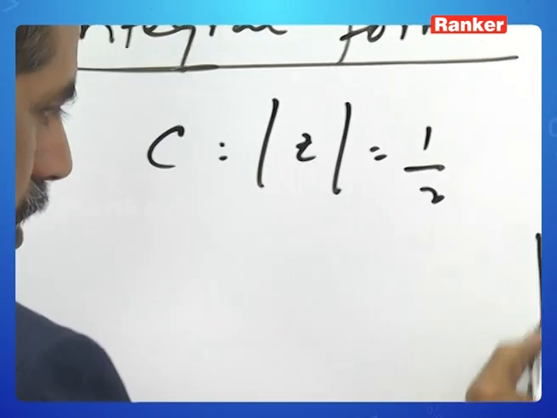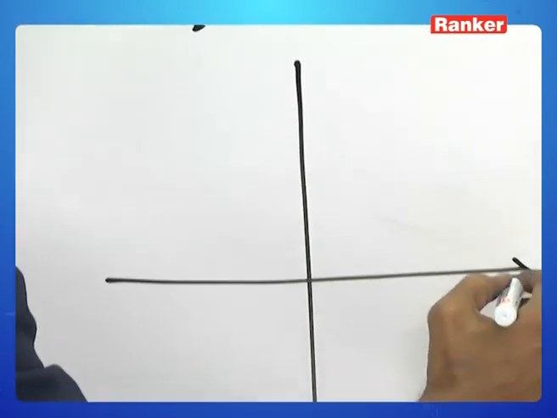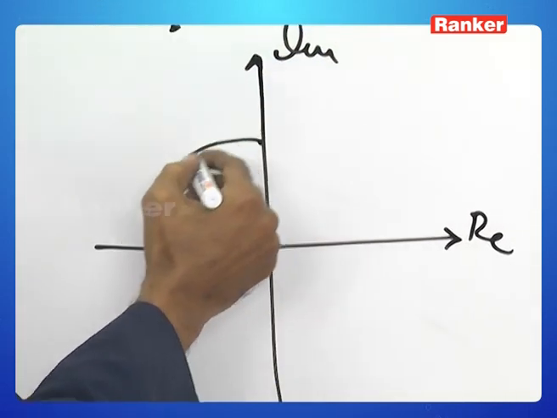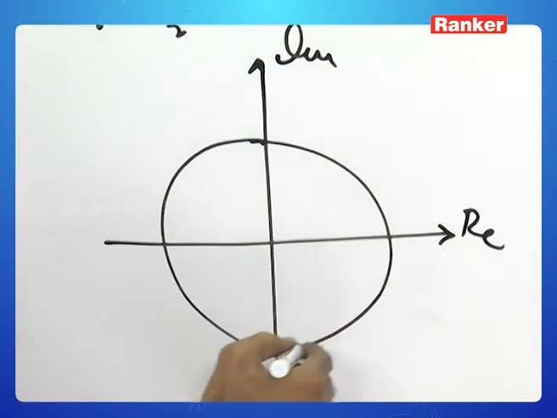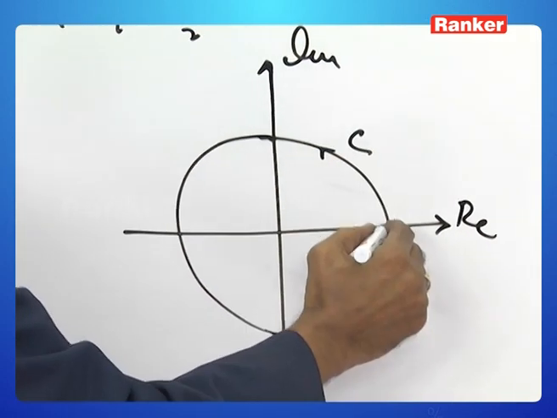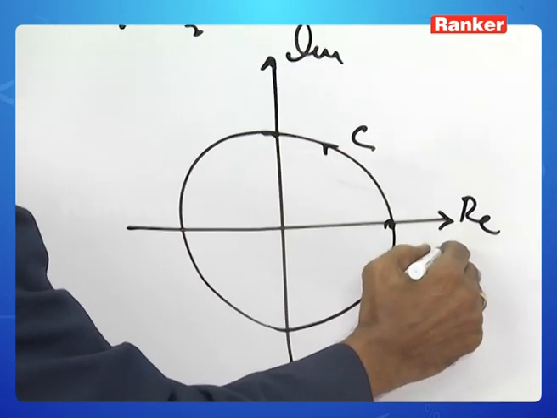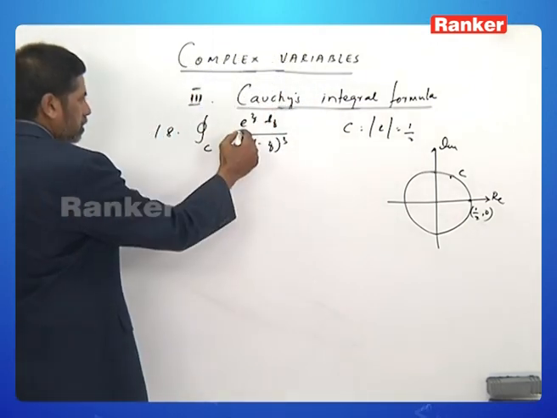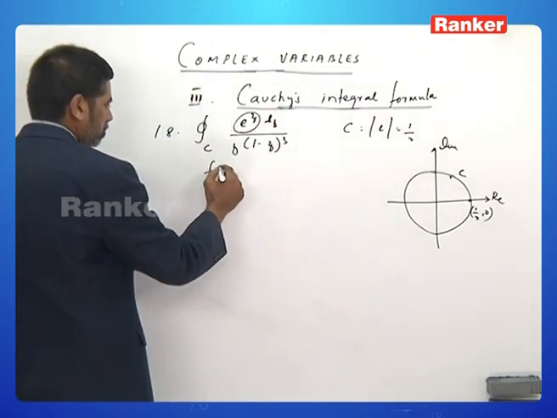So, this is a circle of radius half. Let us take the numerator as f of z.